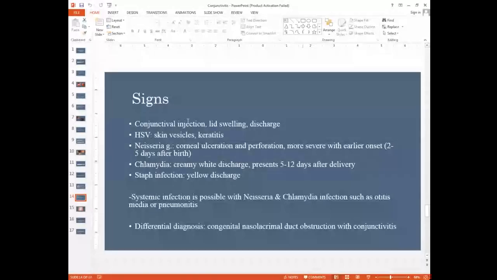Patient presents with injected conjunctiva, swelling of the lid, and a discharge, usually quite thick and purulent. Viral is another. Viruses, in particular HSV, herpes simplex, can also lead to a conjunctivitis in a neonate as well. So just be aware.